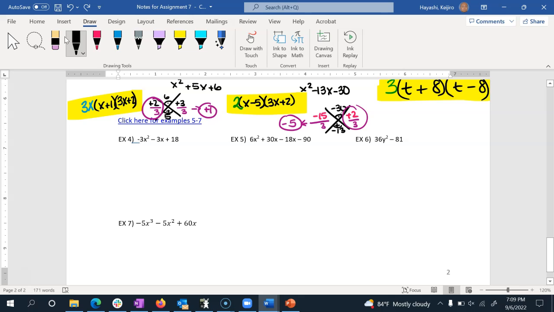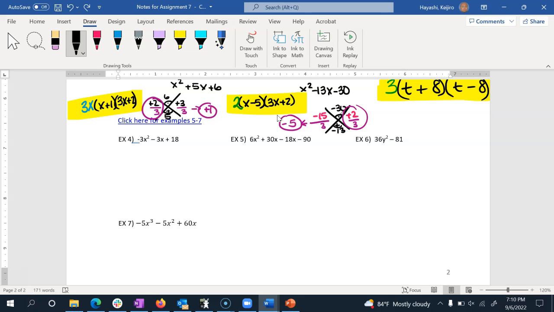Now there is a number that you can factor out of example 4. What is that number? 3. Right, and I didn't say this super explicitly, it was more like an offhand comment, but generally speaking you want your leading term, the stuff that you're left with, to be positive.